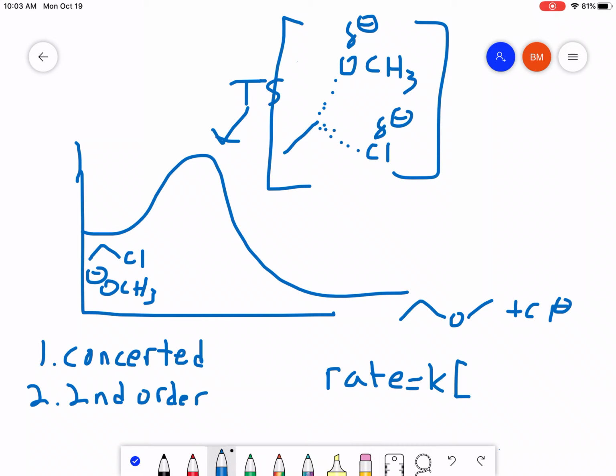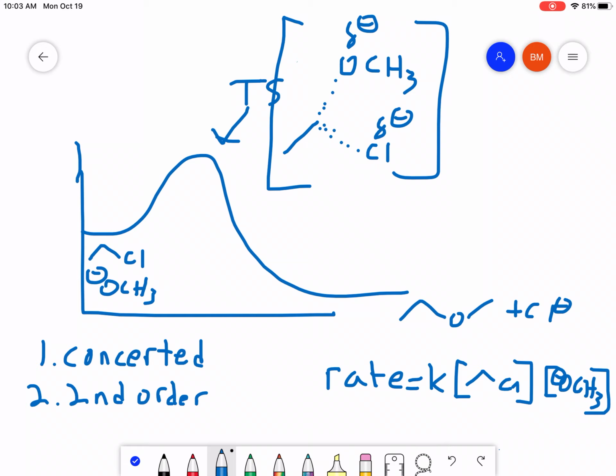Well, SN2 reactions only have one step. Everything's concerted. So you're going to need to include any reactants that were involved in that one step. We actually have two. We have the alkyl halide, and we have the nucleophile. So that is your rate equation.